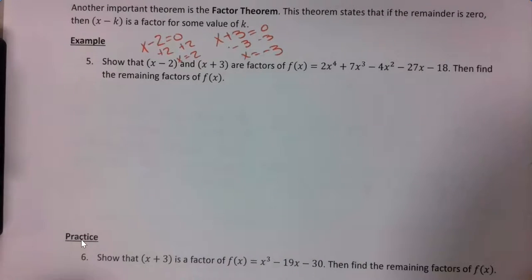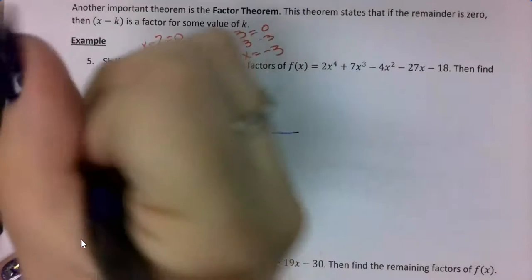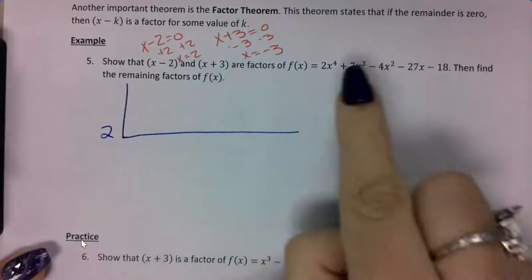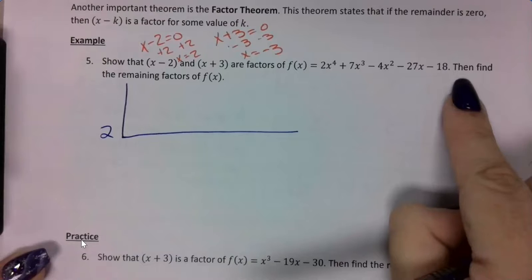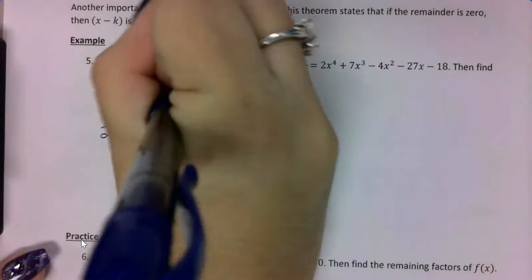So then I want to set this up for synthetic division. I'm going to start off with my 2, and then I'm going to write all of my coefficients. All of my terms are here, so I don't need to worry about any placeholders.